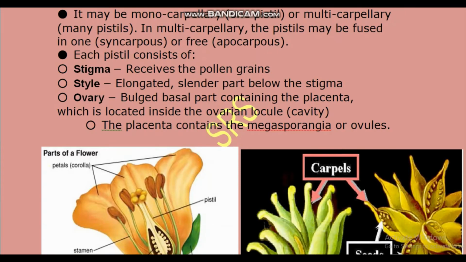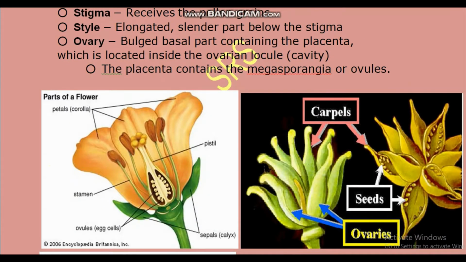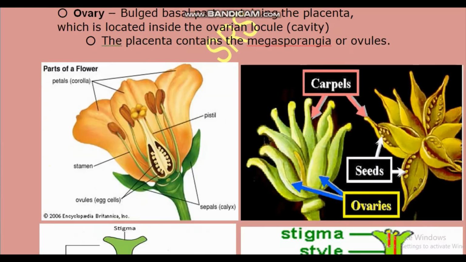So here you can see this is a flower where definitely the first picture represents what? Yes, it is syncarpous. Here you can see how many stigmas we can see. It is 1, 2, 3, 4 and 5. 5 stigmas are there.